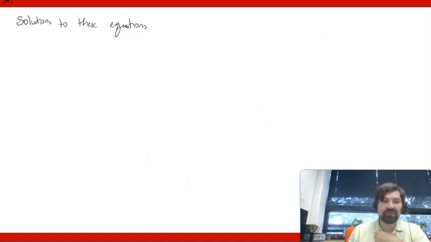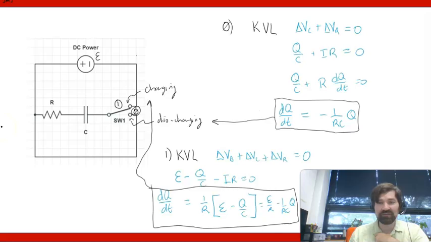So what we'll do here is note that we're looking in equation 0, this one, for a function of time, q of t, such that when I take the derivative of the function, I get back the function multiplied by a negative 1 over some constants.